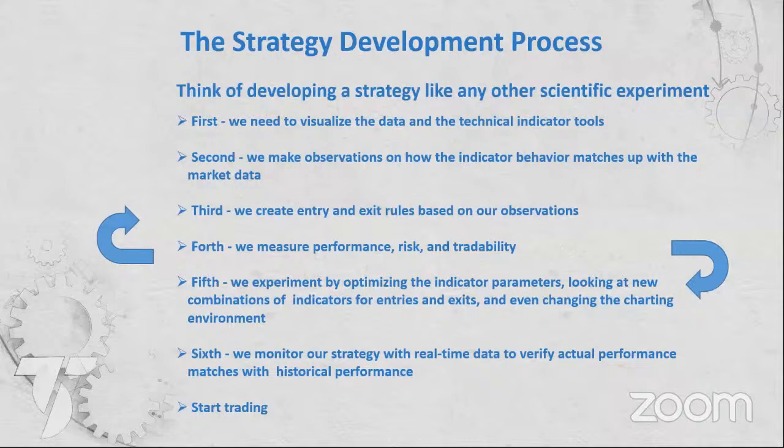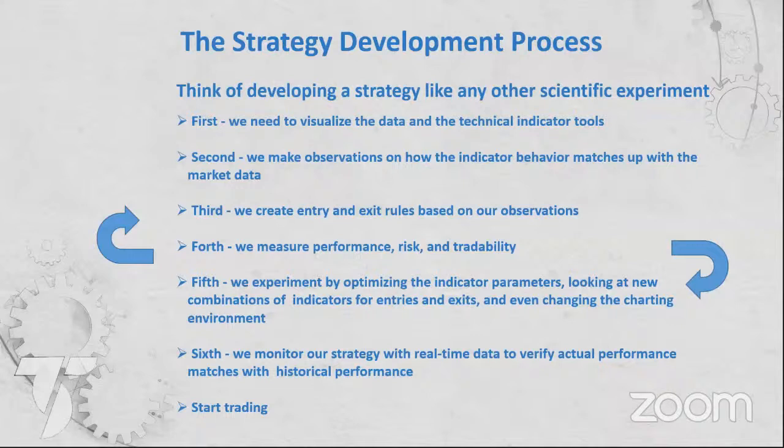So if it's not tradable, if the performance doesn't look good, we go back to the drawing board and modify the rules, modify the conditions, modify the symbol, the interval, the amount of history. We modify all of these things until we get to a point where we have a strategy we think is pretty solid. And then we can experiment with the input parameters and try different scenarios. So optimization gives us the ability to set a range of input values.